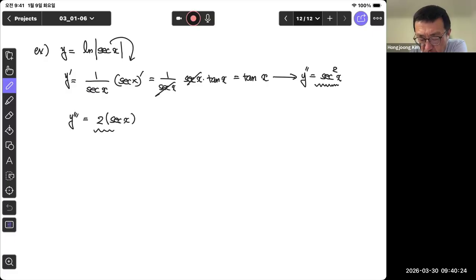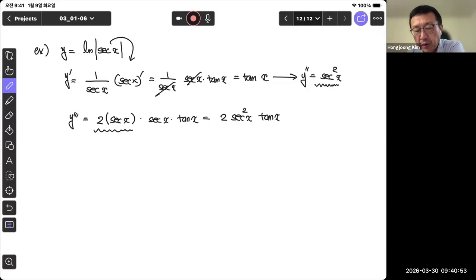This corresponds to the derivative of the outer function evaluated at the inner function. And then you shouldn't forget the derivative of the inner function, which is secant x tangent x. So 2 times secant x squared times tangent x will be the third derivative. So in this way, you can compute even the higher order derivatives.